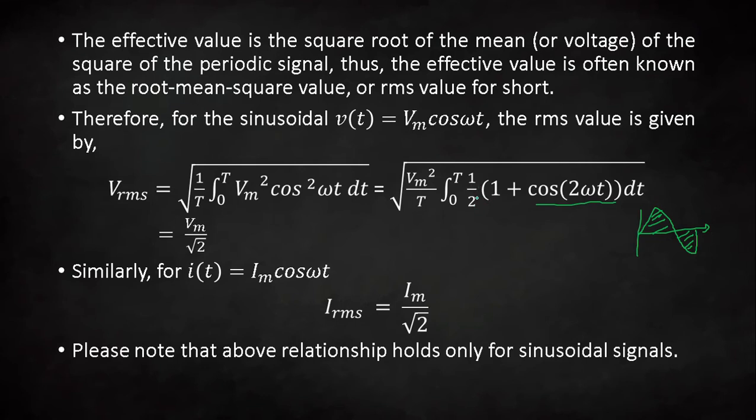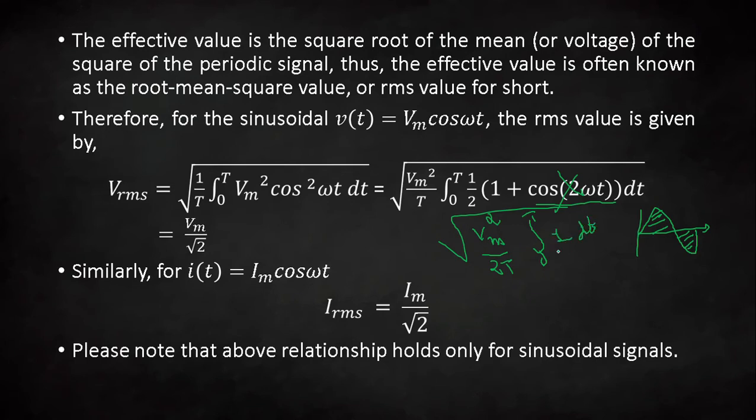This 1 by 2 is also constant, so it will be outside of the integration. So it will be Vm square divided by 2T, integration 0 to T. We don't have to worry about the cosine term because that will be 0. It will be 1 into dt.